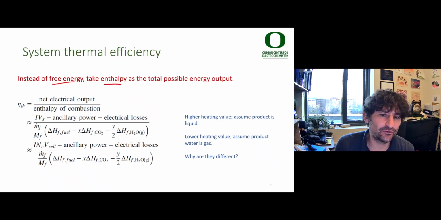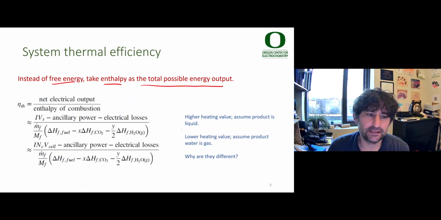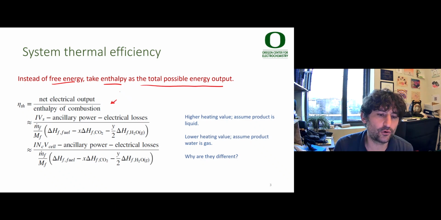Now, on the previous slide, we used free energy to calculate the efficiency of the system, but often we take the enthalpy as the total possible energy output. We do this because it is typical for thermal engines, internal combustion engines, to use the enthalpy of combustion as the denominator in the efficiency calculation. So the efficiency thus is the net electrical output divided by the enthalpy of combustion.